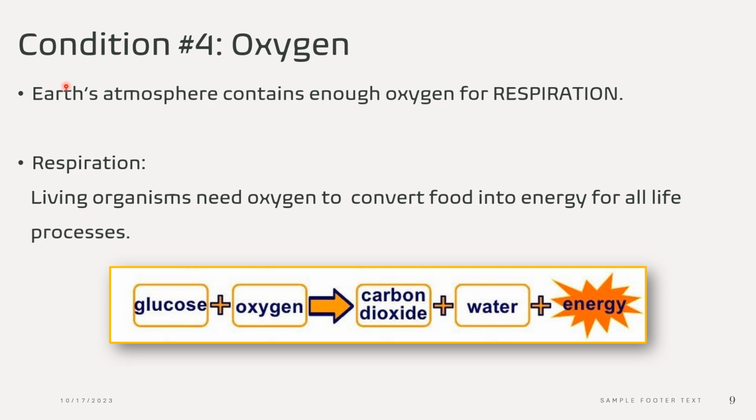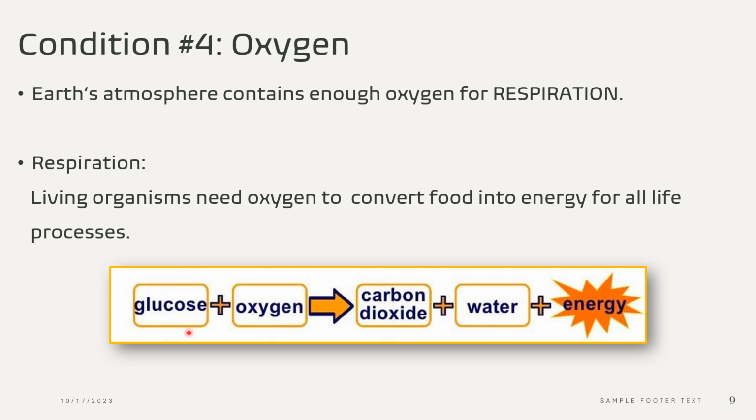The last and the fourth condition why life can be supported on earth is the presence of oxygen. We know that in the Earth's atmosphere, we find oxygen, and oxygen is extremely important for respiration. So you also learned in term 1 that respiration is the process through which living organisms convert food into energy for all their life processes.